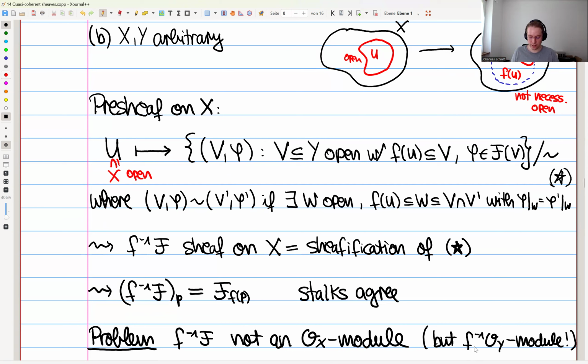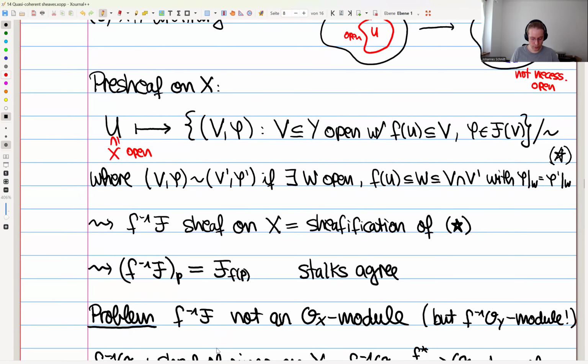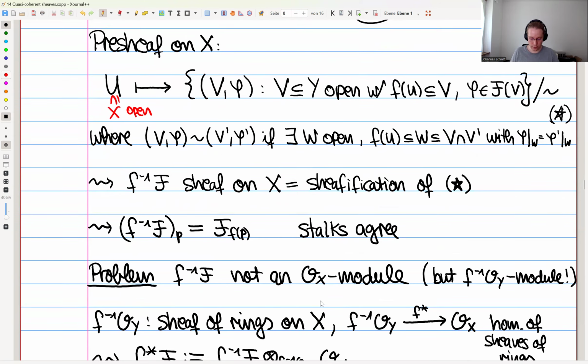And so this defines an f inverse OY module structure on f inverse of F. You should just write this down for yourself, maybe an example to convince yourself that this works. So we didn't quite get where we wanted, but we're already well underway.